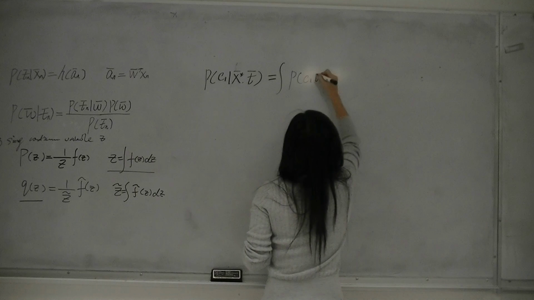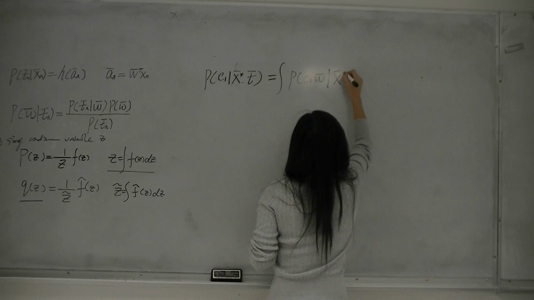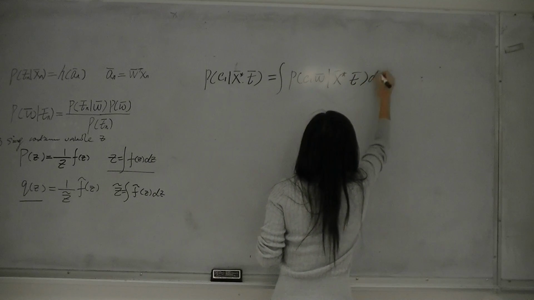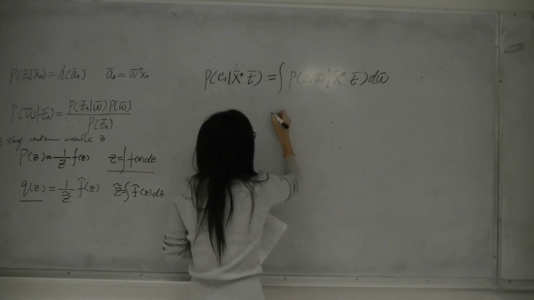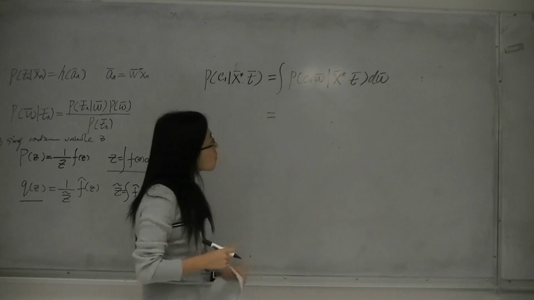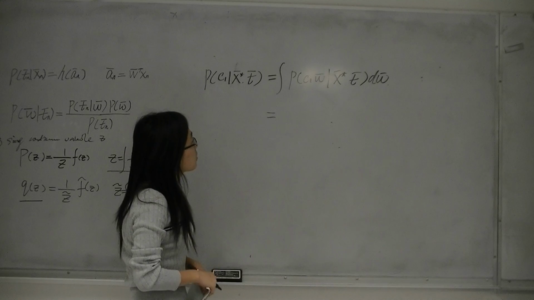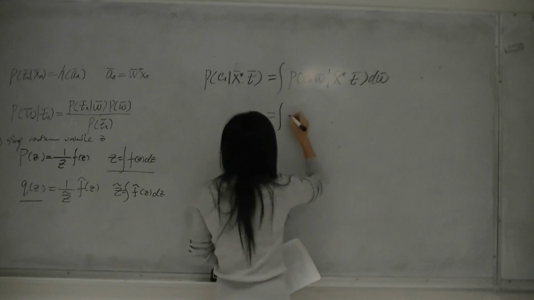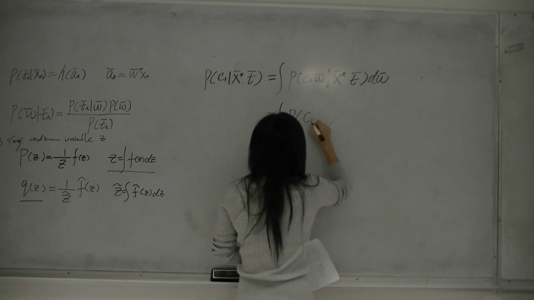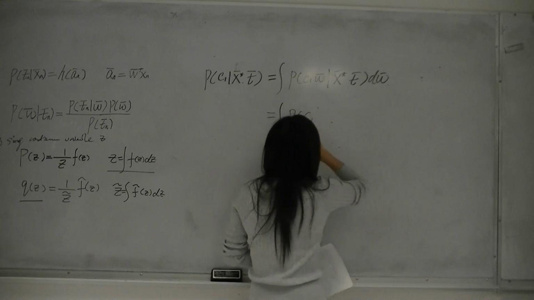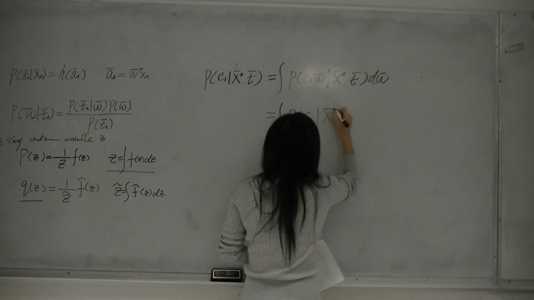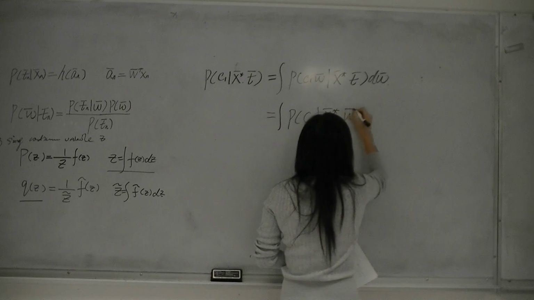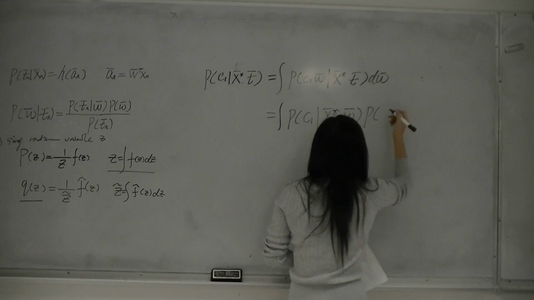We can also write this probability as the likelihood times the posterior distribution.